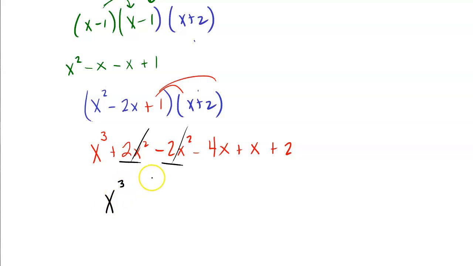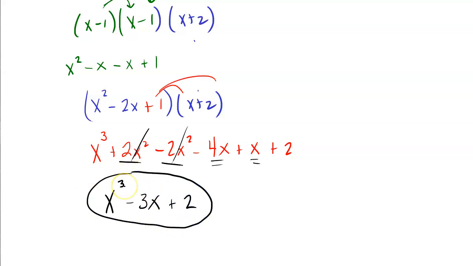So I'm going to have x cubed, bring it down. And then I have negative 4x and x. Those are like terms, so I'm going to take negative 4x plus 1x, which is negative 3x. And then the plus 2 at the end. And there is my answer for this problem.